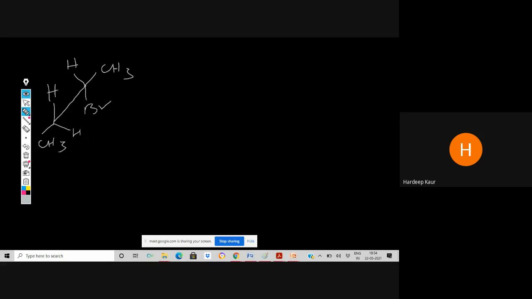So this is one form. The second form is, this is basically a meso form. And the second form is one in which Br is here, H here, methyl here, and here we are keeping this constant. You can keep any one carbon constant. So this is Br.